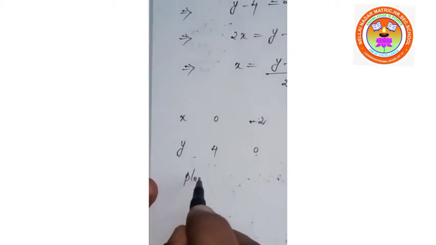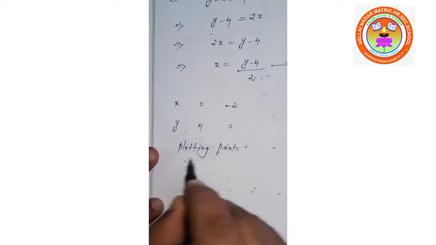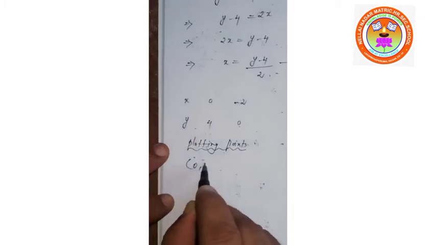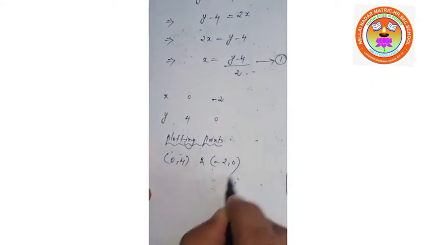So x equals minus 2. Points to be plotted, 2 points, what are they? 0, 4 and minus 2, 0. Draw the diagram.